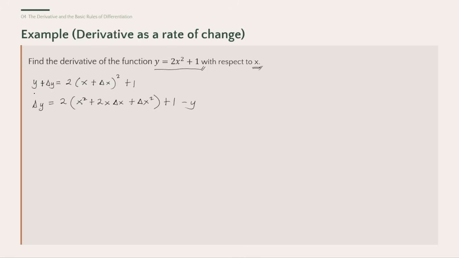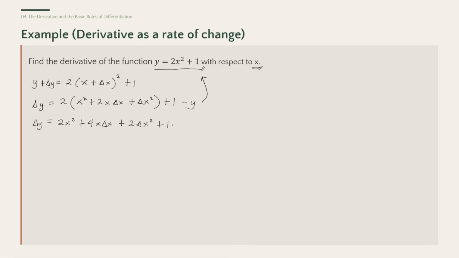We transpose y from the left side. Therefore, we have delta y is equal to 2x squared plus 4x delta x plus 2 delta x squared plus 1. And then we know that y is this.